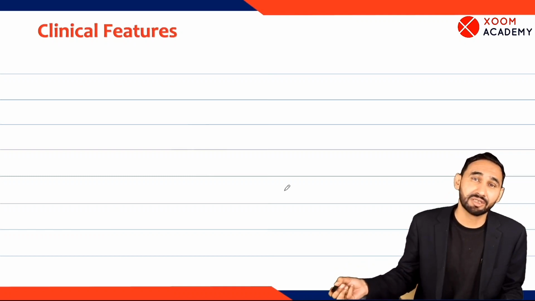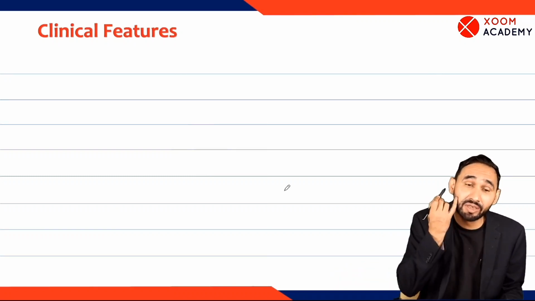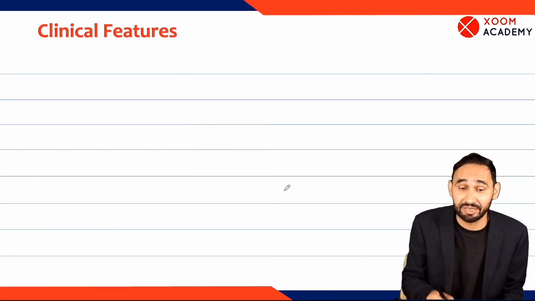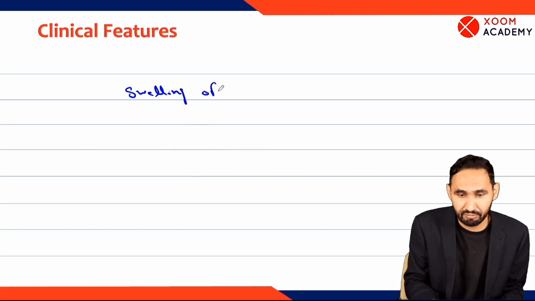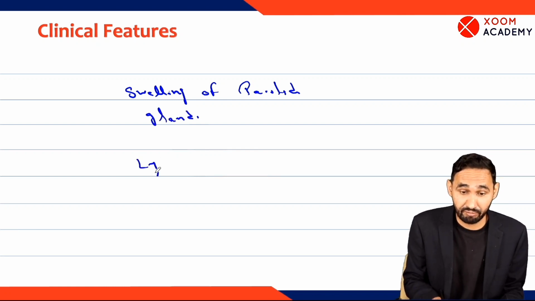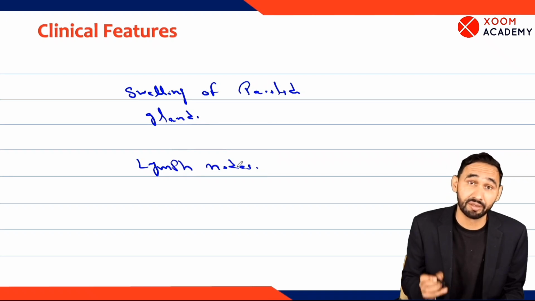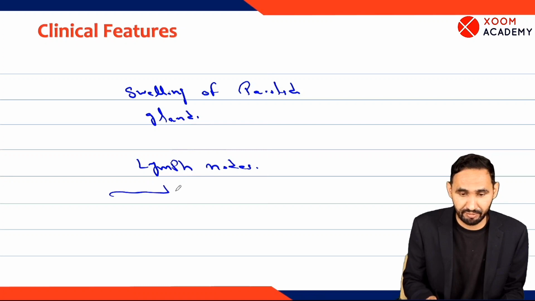What are the clinical features of mumps? You have to remember swelling of parotid gland, either unilateral or bilateral. Clinical features, swelling of parotid gland. It involves lymph nodes. Which lymph nodes? Submandibular and cervical. So you have to remember the names.